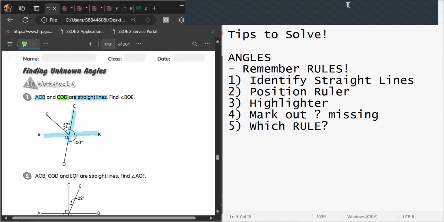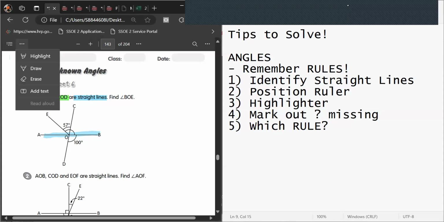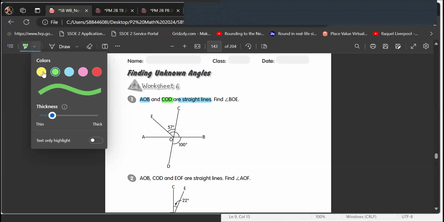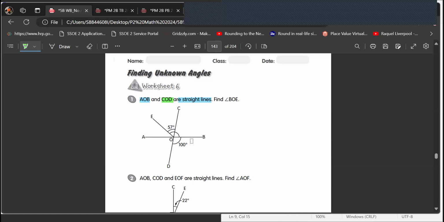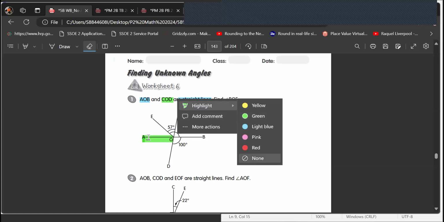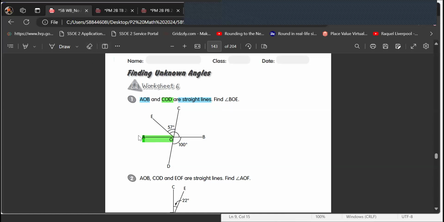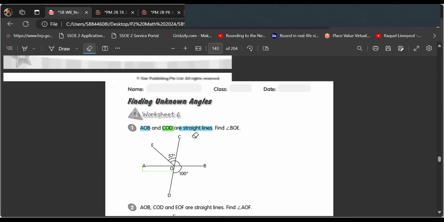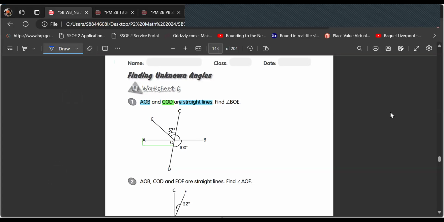COD is a line that cuts across. So here I'm supposed to find angle BOE.